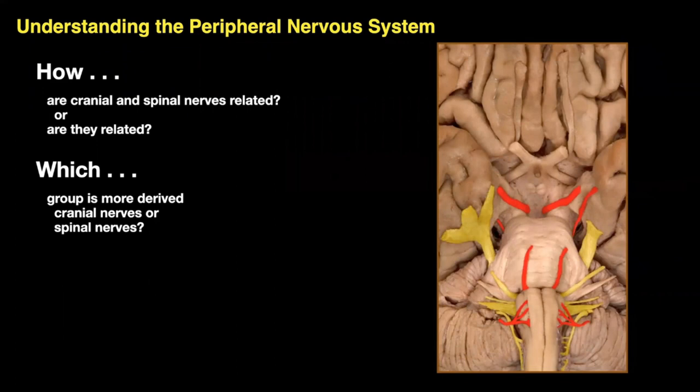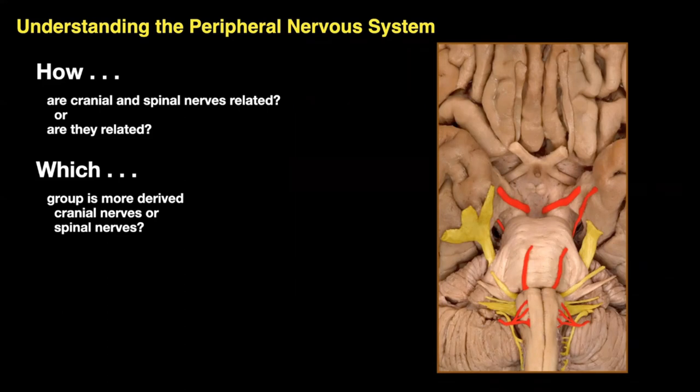I colored 8 of the 12 cranial nerves. And what I want you to see is that those red nerves are ventral roots, and those yellow nerves are dorsal roots. That's just like a dorsal root and a ventral root of a spinal nerve.